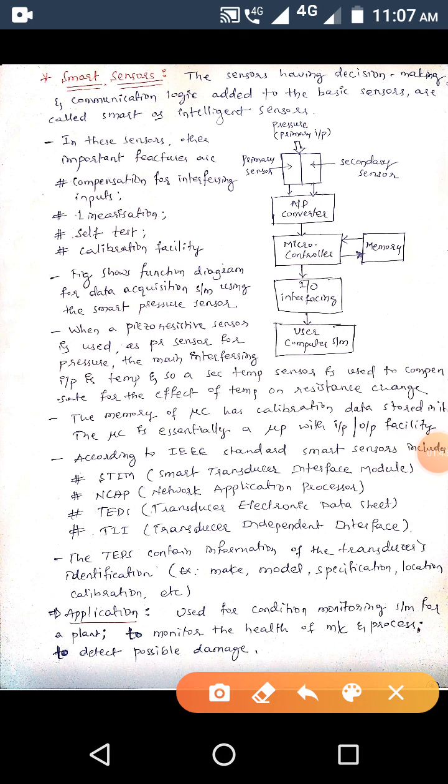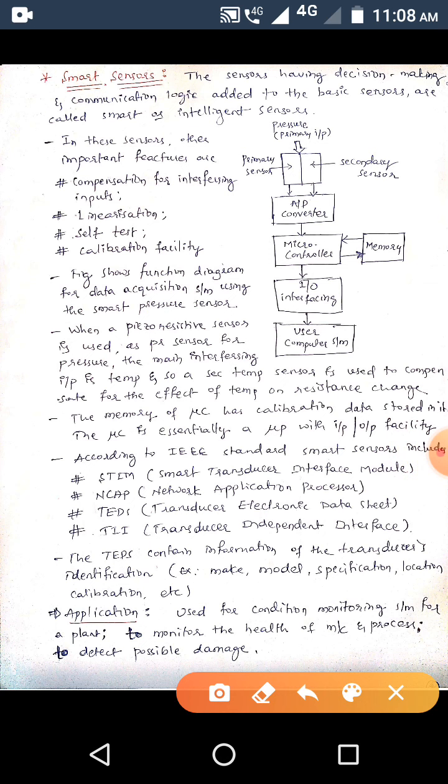Here you can look at the schematic or block diagram of the smart sensors, how it is going to work. This is just a schematic diagram of how we are going to acquire data in a system using smart pressure applied on any component, and it is going to decide. Let us consider: we apply some pressure, that is force, on any component.